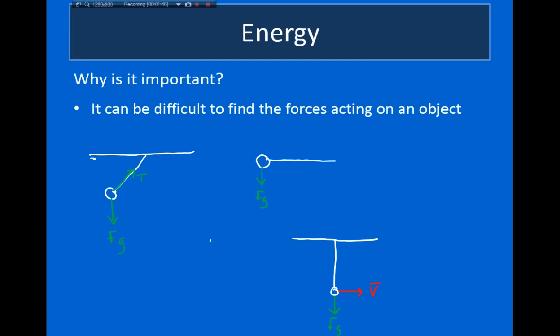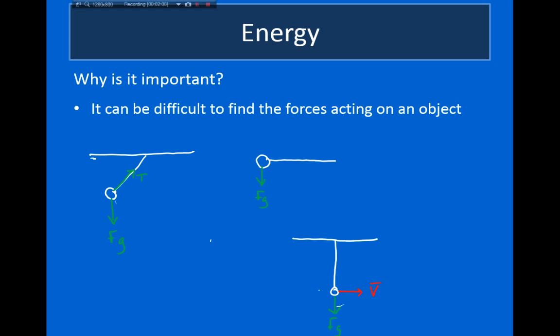So what this means is the component of my gravitational force that's causing the mass to speed up is going to change as the mass swings. So initially, all of the gravitational force is pulling the mass down, it's causing the mass to accelerate, but when I'm at the bottom of the motion, the gravitational force is perpendicular to the direction I'm moving, so it's not actually causing the mass to speed up or slow down.